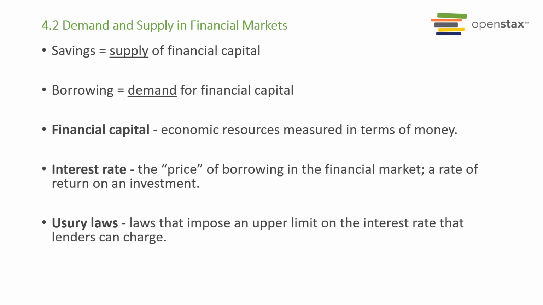So your companies, your government. By the way, the U.S. government is a major demand for the financial market because our U.S. federal government has a huge national debt. Our national debt as of September 2023 is currently at 32 trillion dollars.